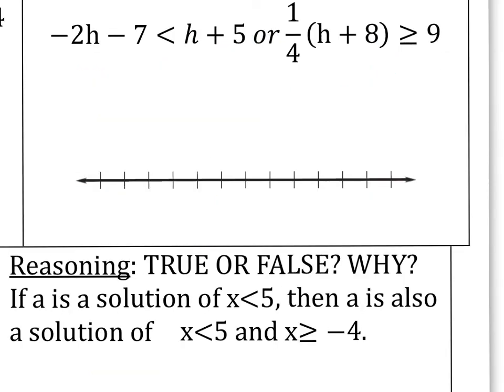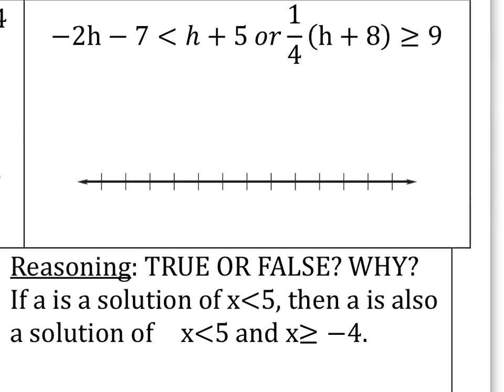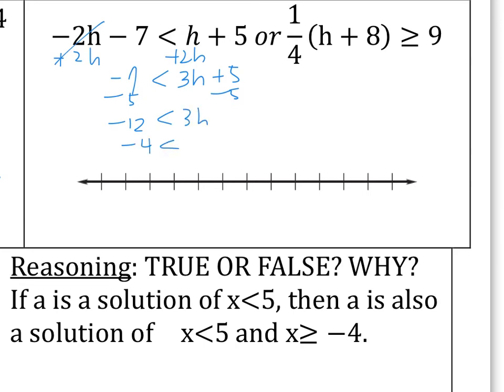And for this next problem here, let's collect like terms, plus add 2h. Subtract 5 to both sides, negative 12 less than 3h. So this will be negative 4 less than h, or h greater than negative 4.